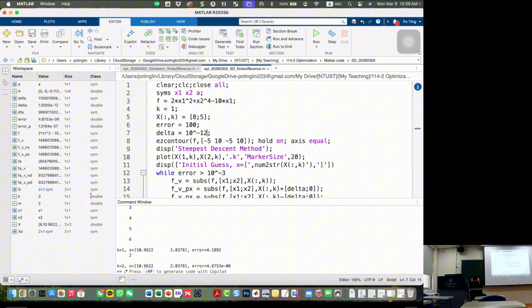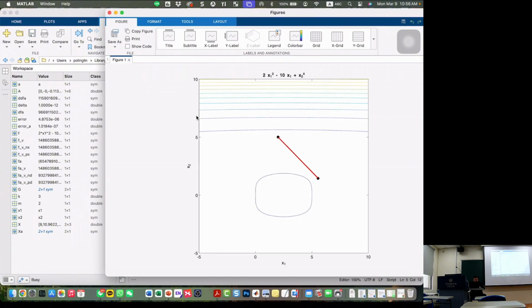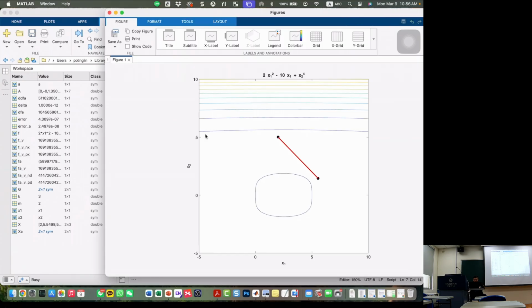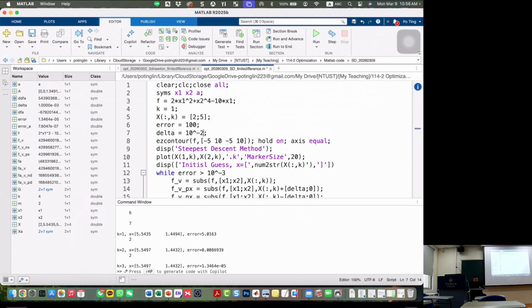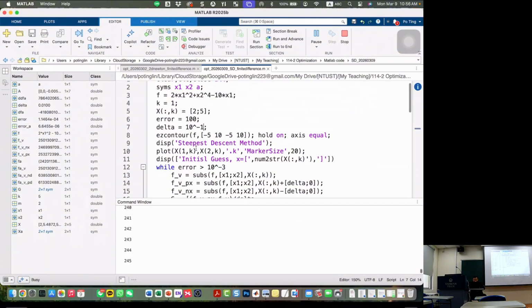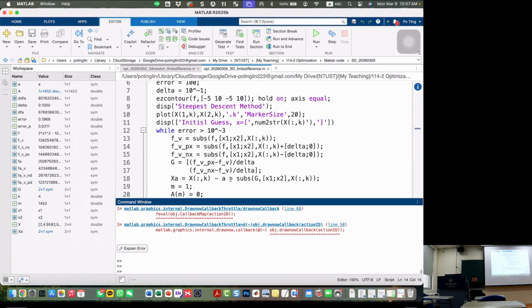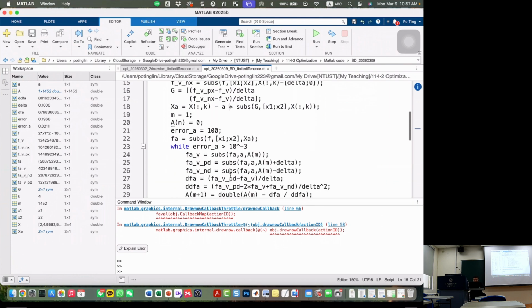It's too nonlinear for this. This problem is too nonlinear. How about here? Or is it too small? I made a mistake. Still solving. Where did I make a mistake?